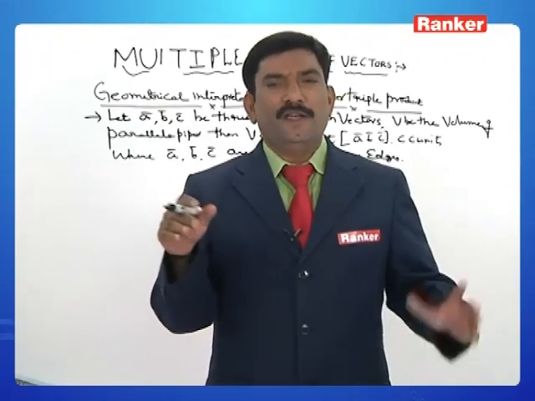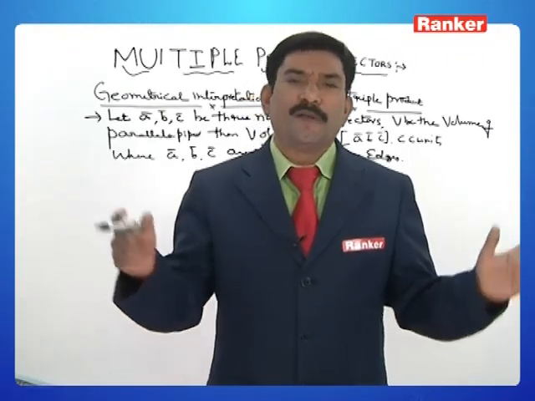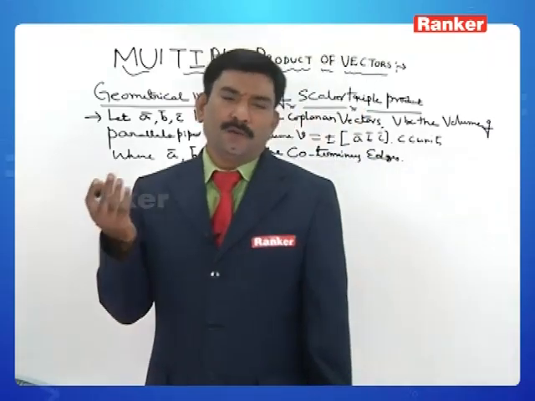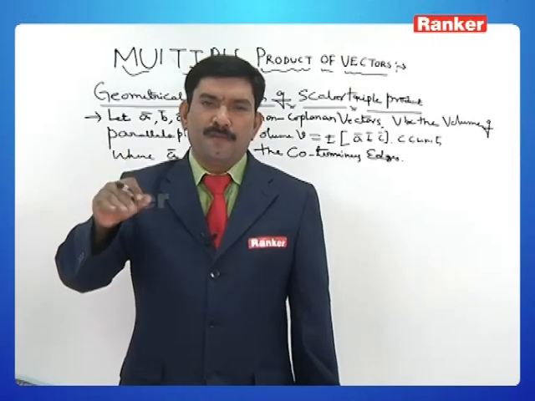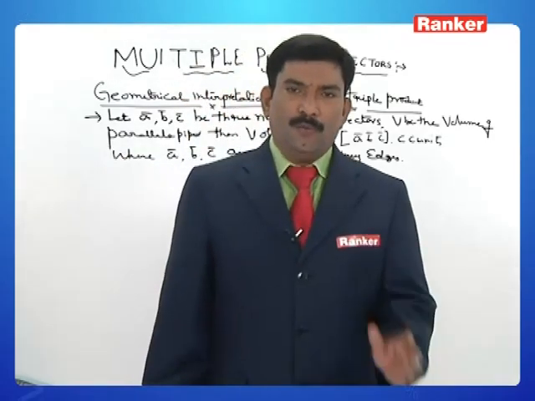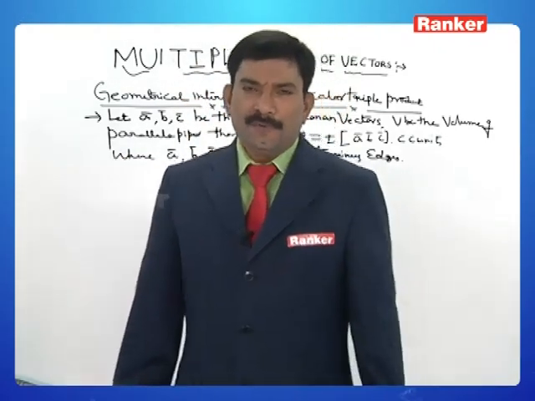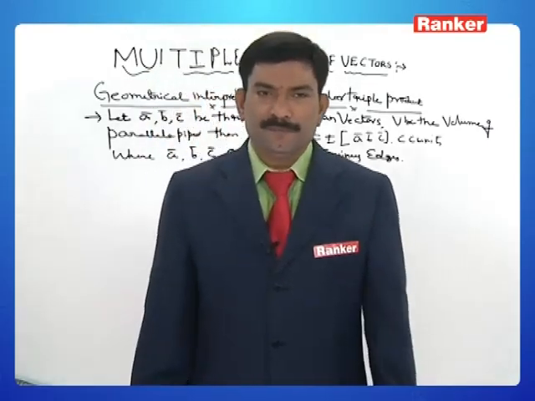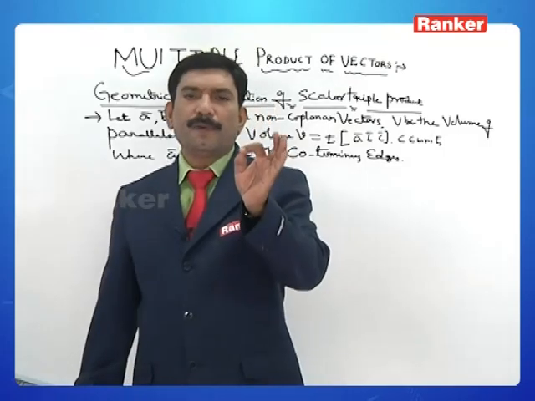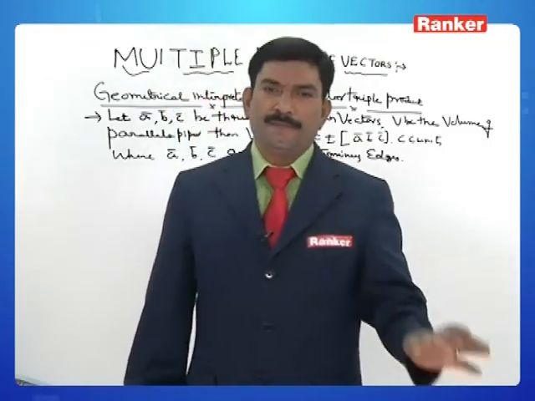Quite natural. A bar, B bar, C bar are non-coplanar. Being non-coplanar vectors, they represent the edges of a parallelepiped. We have to show that V is equal to plus or minus box of ABC, or V is equal to box of ABC.